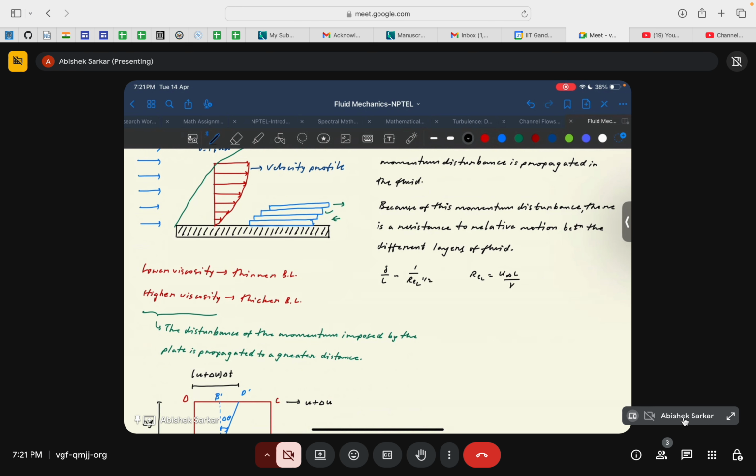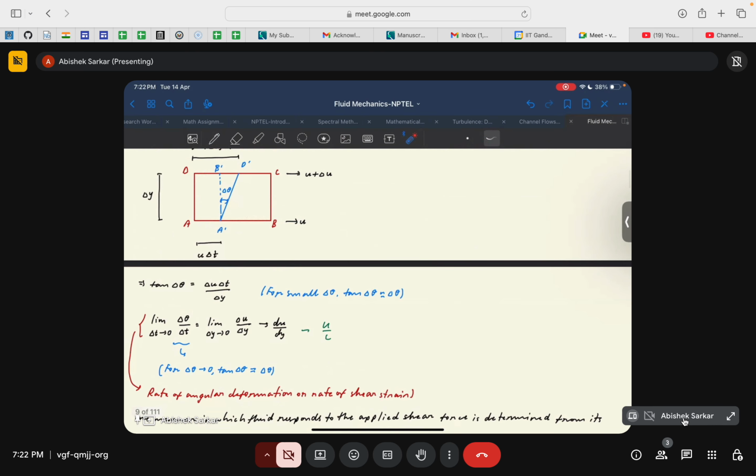So delta by L scales as the square root of nu by U infinity L. If nu is very large, delta will be large. Higher viscosity implies a thicker boundary layer, and lower viscosity implies a thinner boundary layer.